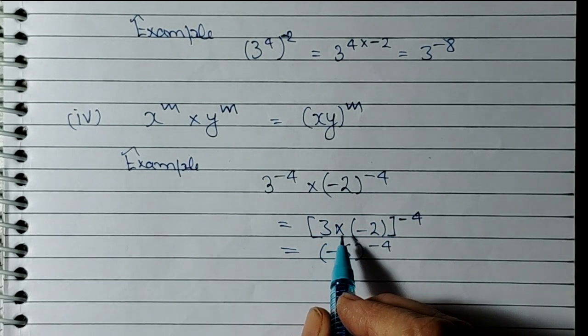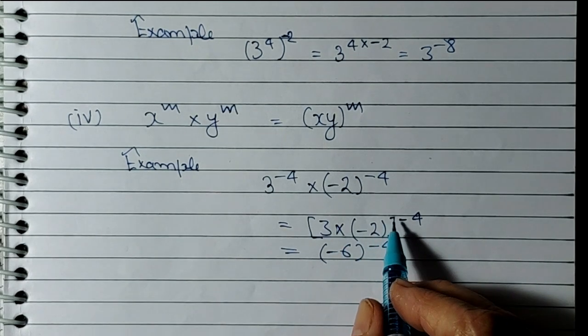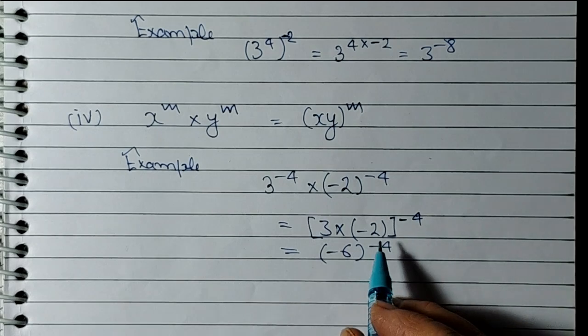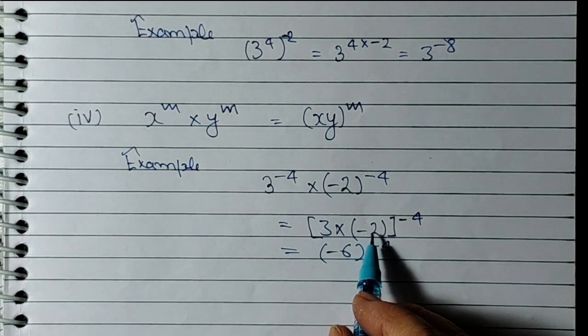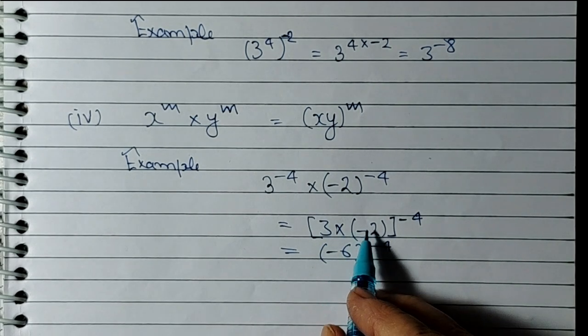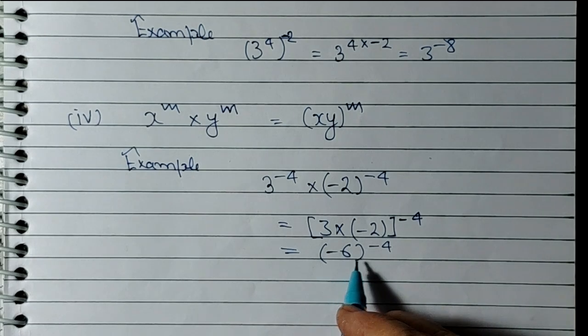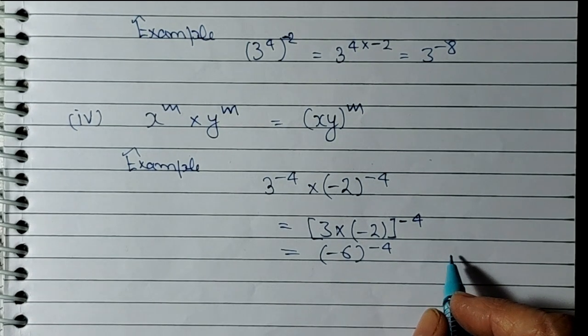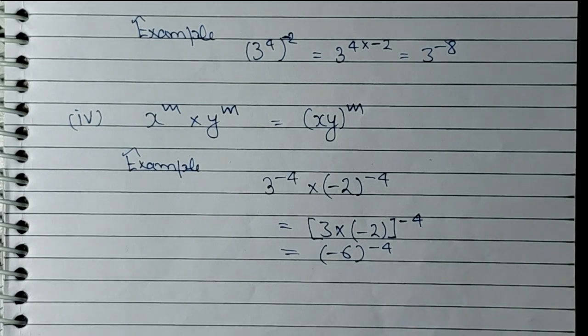So it is 3 into minus 2 and the power finally will be minus 4. So it is 2 into 3 is 6. With minus sign it will become minus 6 to the power minus 4. This is the final answer. This is the fourth law of integral exponents.